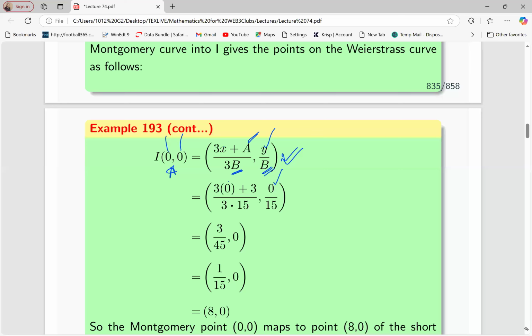So when you do this, 3 times 0 will be 0, and then plus 3. Then out of 45, then 0 out of 15 will be 0. So this is the point you get, which is the same as 1 out of 15. But this point, you want to do away with the fractions. And we are working mod.